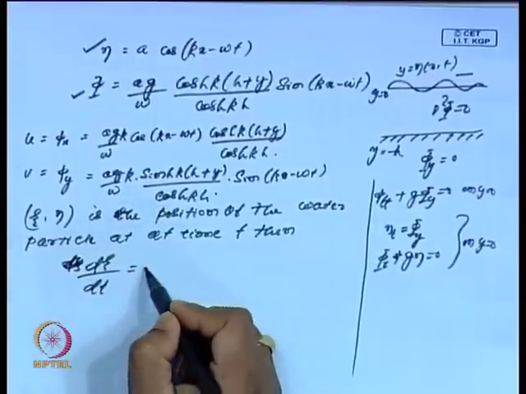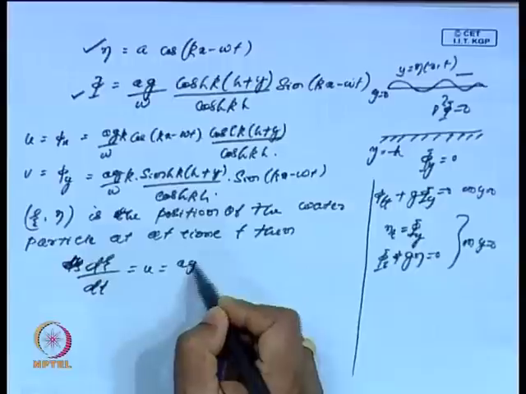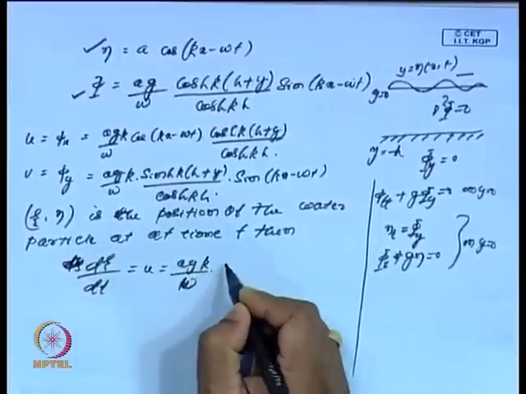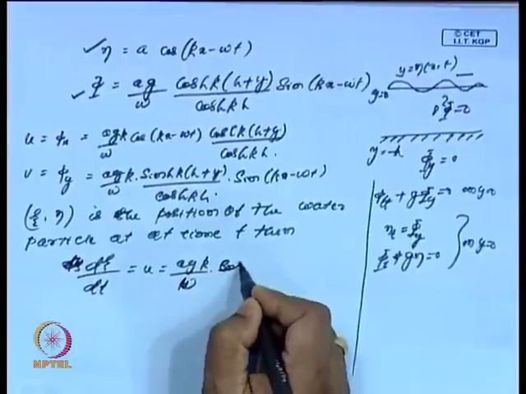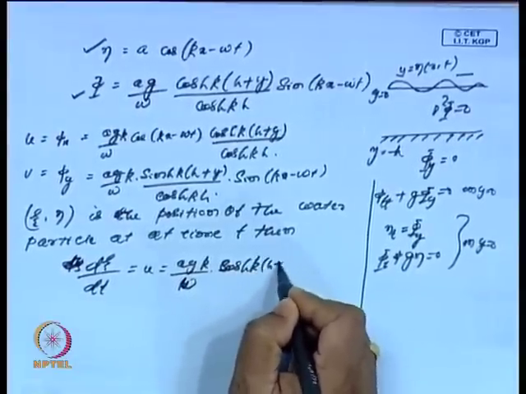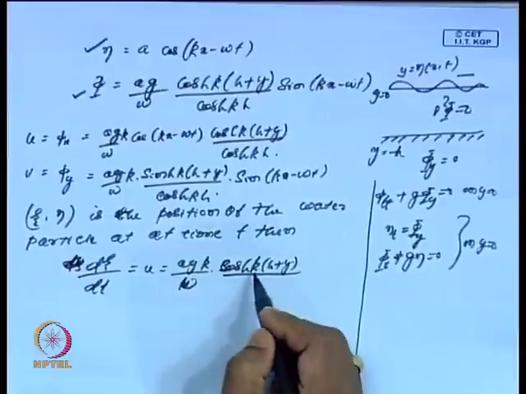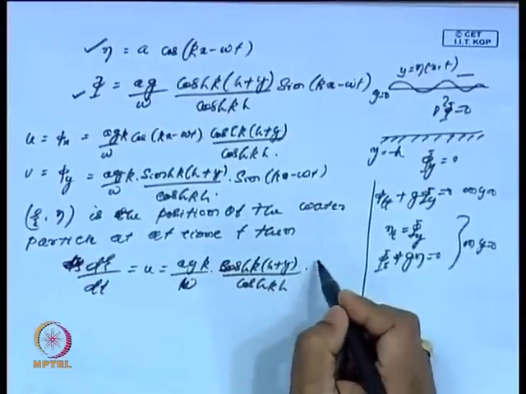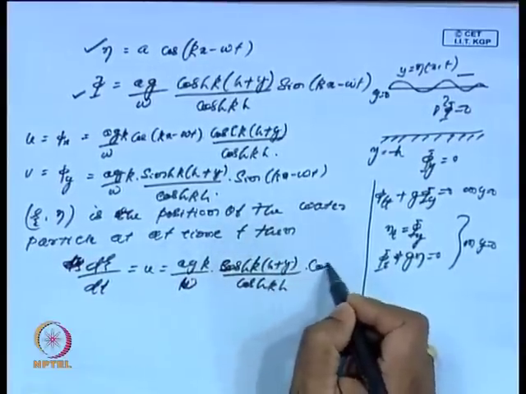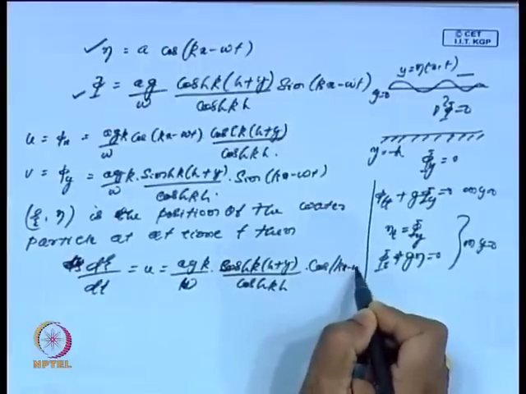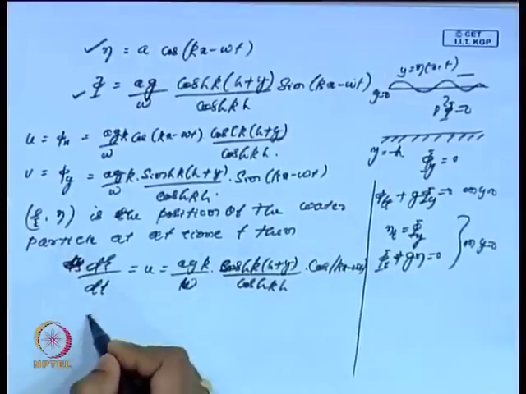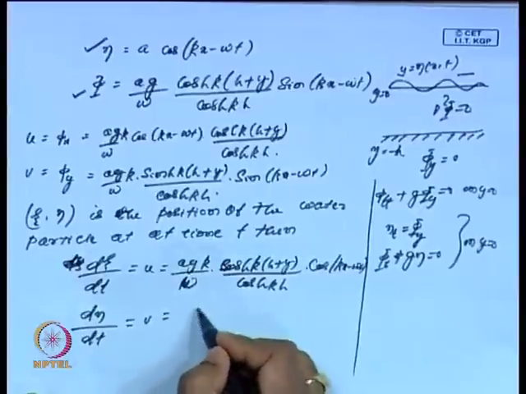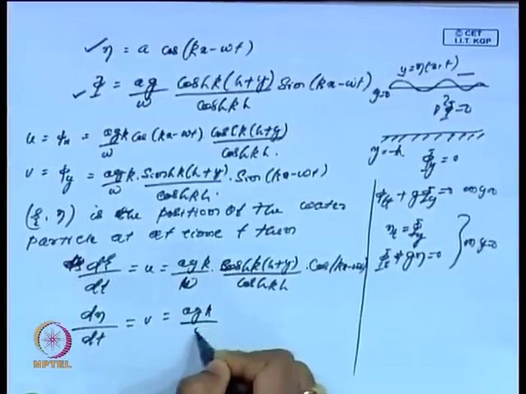That is the same as u equal to a g k by omega, into cosh k(h plus y) by cosh kh, into cos(kx minus omega t). Similarly, we have d eta by dt, that is my v, and that will be again a g k by omega.